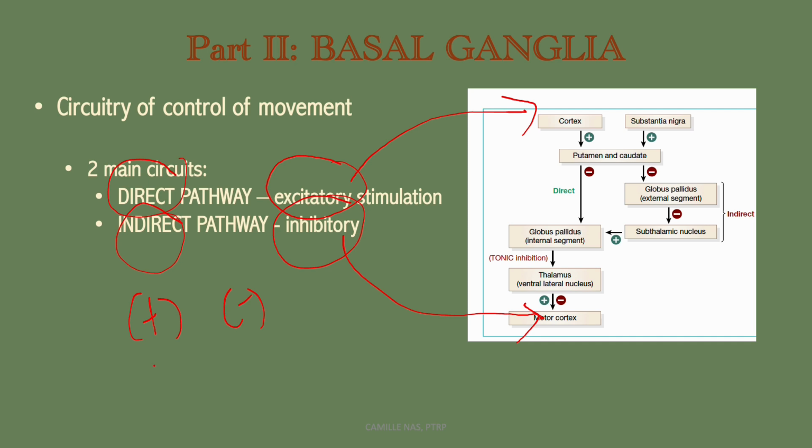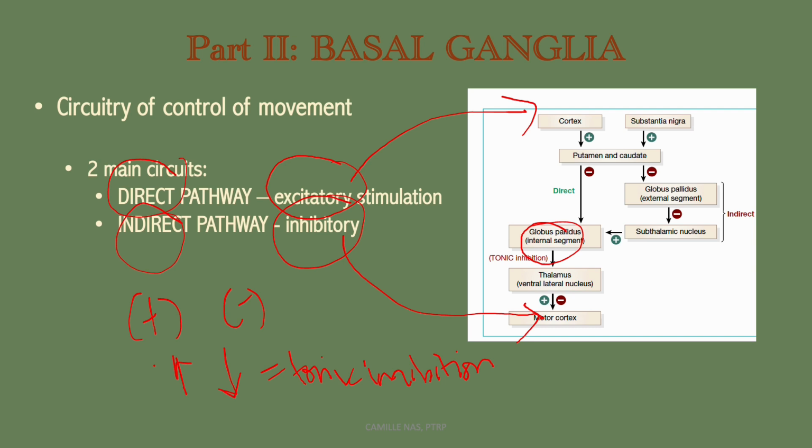So that this pathway will then be able to dictate if there will be either an increase or a decrease in the tonic inhibition from the globus pallidus. Okay? So, meaning then, it is why when we produce a skill or an activity, say for example, reaching for a glass of water, smooth and controlled yung transition natin nun.